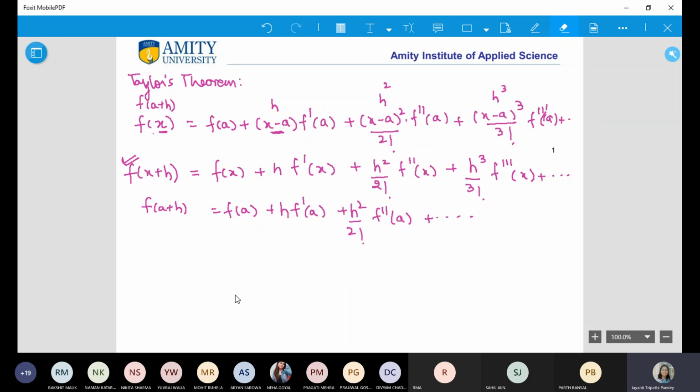The easiest way to remember is this part. Either you remember this or you remember f of a plus h, and then you can calculate any kind of expansion which is in Taylor form. When I'm saying any type of expansion, you have to understand what it means. Like there is a question.